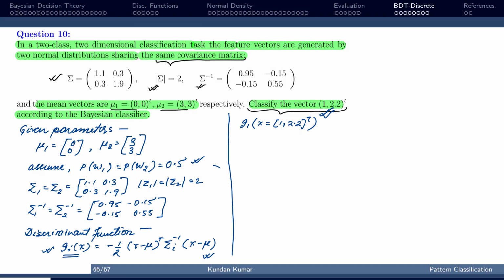So it will be minus 1 by 2 into (1 minus 0, 2.2 minus 0), just subtracting the mean from x, and then I am writing sigma inverse, 0.95, minus 0.15, minus 0.15, 0.5, and then (1 minus 0, 2.2 minus 0).